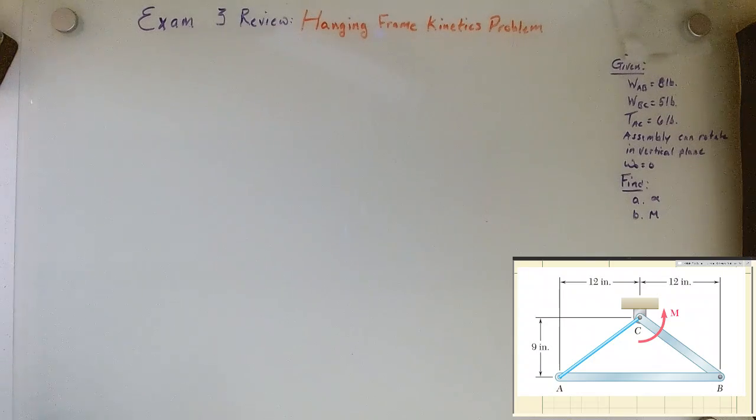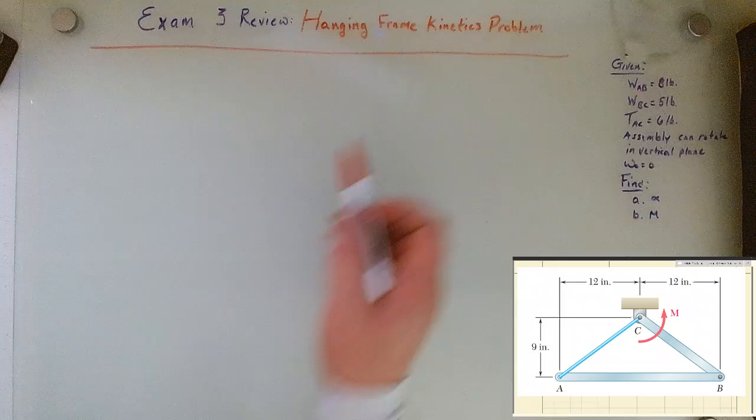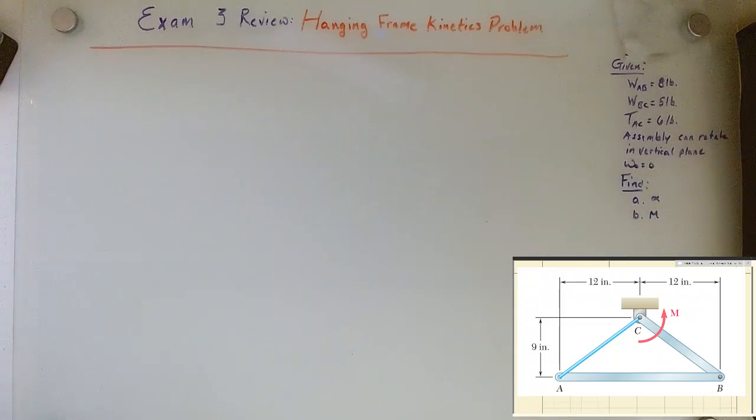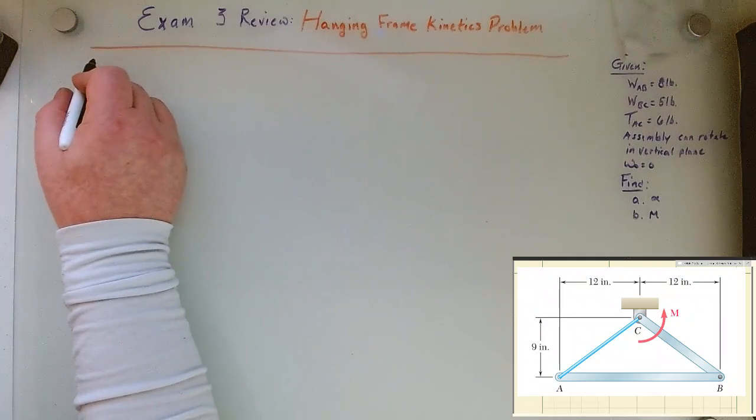A few things to consider here. First of all, anytime we're in a kinetic system, meaning that we're considering force and rotation, then there's a few things that we're going to know. First of all, we are going to be using the parallel axis theorem.